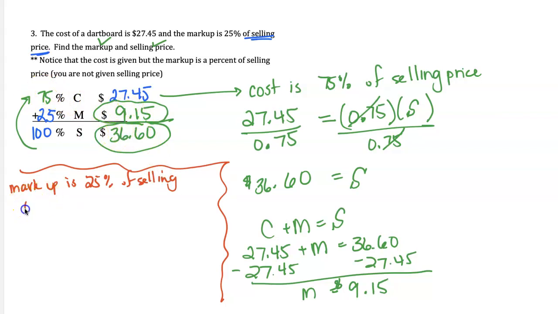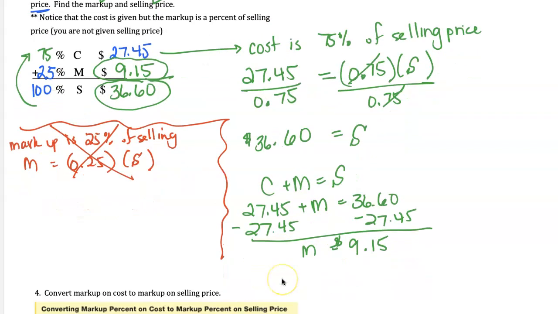So if I didn't know my markup and I didn't know my selling price, I have too many variables in this equation and I can't solve. So that's why I went to where I had a completed row, and that completed row made a sentence, which then formed my equation.